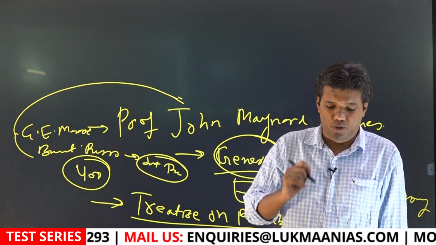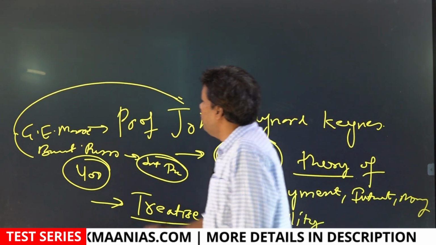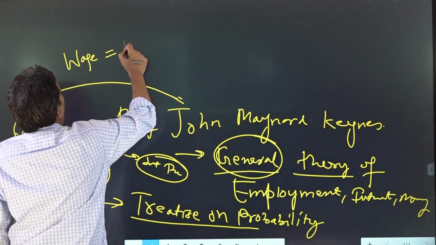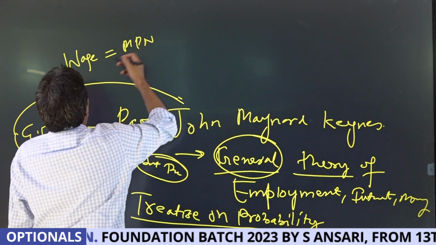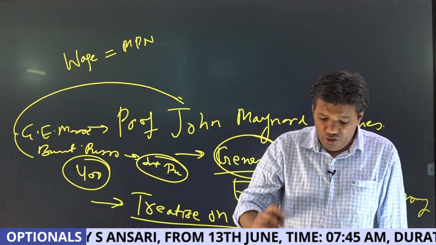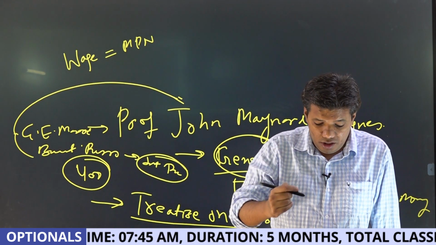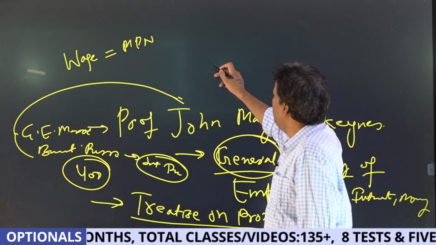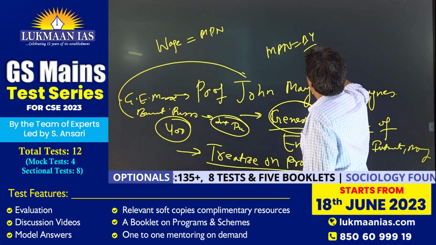Number one, the wage is equal to the marginal product of labor. MPN is equal to delta Y upon delta N.